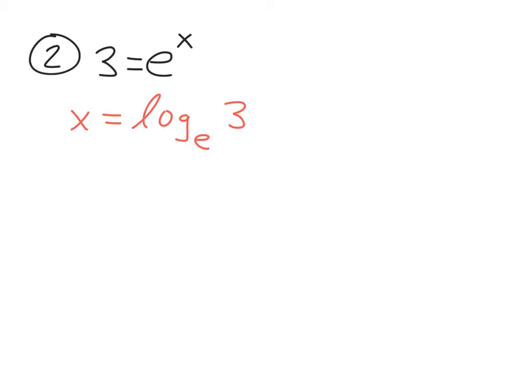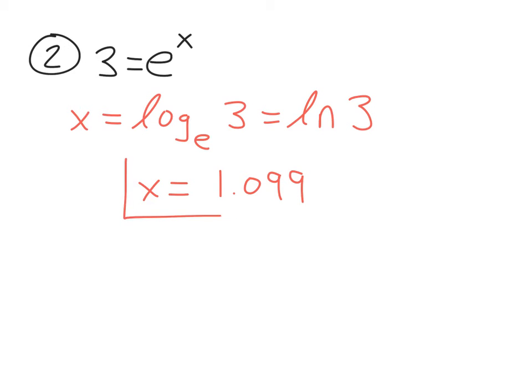It's called the natural log, or sometimes I say the log natural, and it's called ln. So when you do ln of 3 on your calculator, you're going to get a value of 1.099, and we've found our solution, which you could, of course, check in the original. You could do e to the power of 1.099, and it would come out to 3.